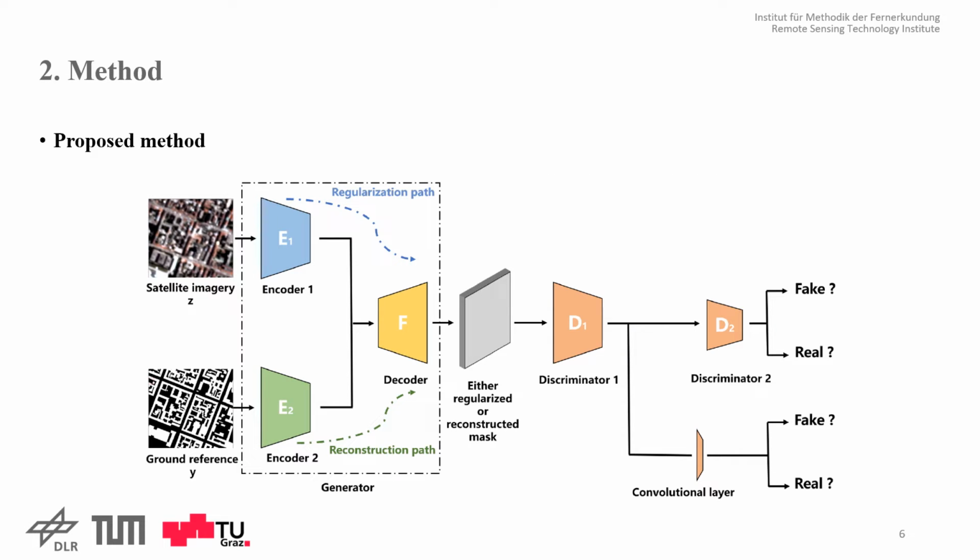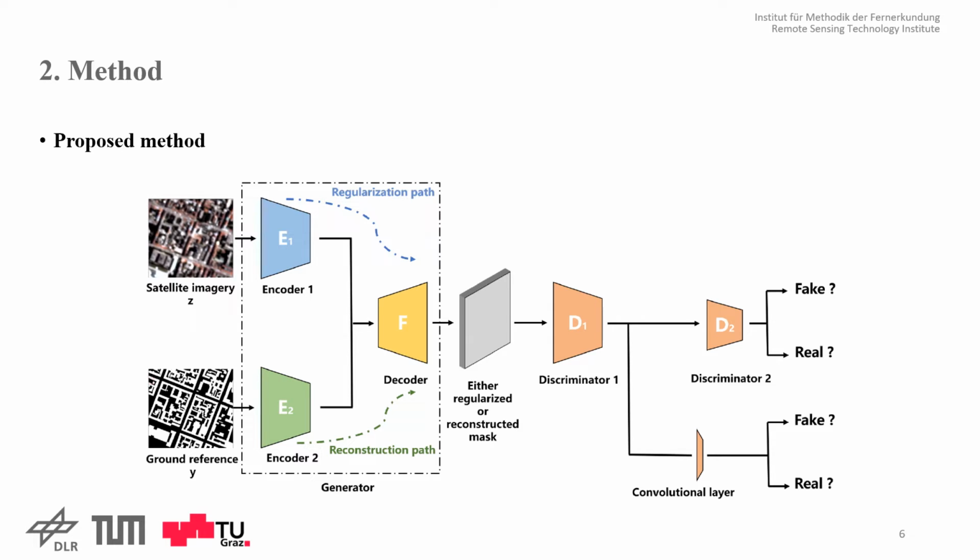This figure provides an overview of the proposed method, which consists of two modules, the generator and the discriminator. An encoder-decoder structure is implemented in the generator, and there are two parts in the generator, the regularization part and the reconstruction part.